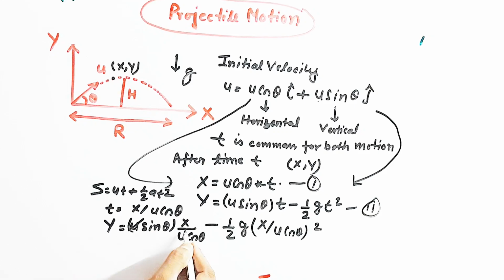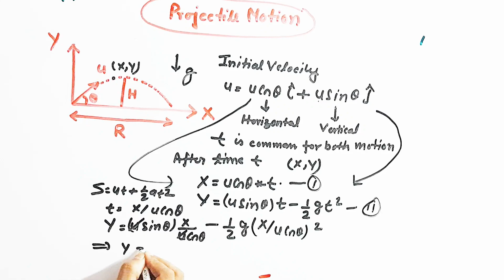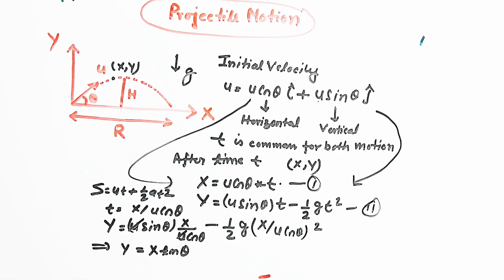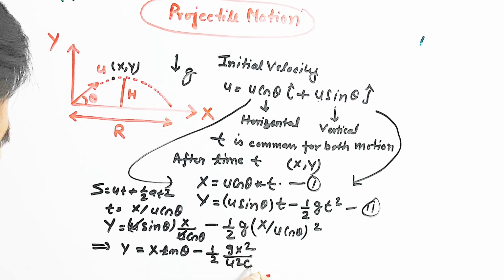You see u and u go away, and this implies y = x tan theta, first term, minus half g x square divided by u square cos square theta.